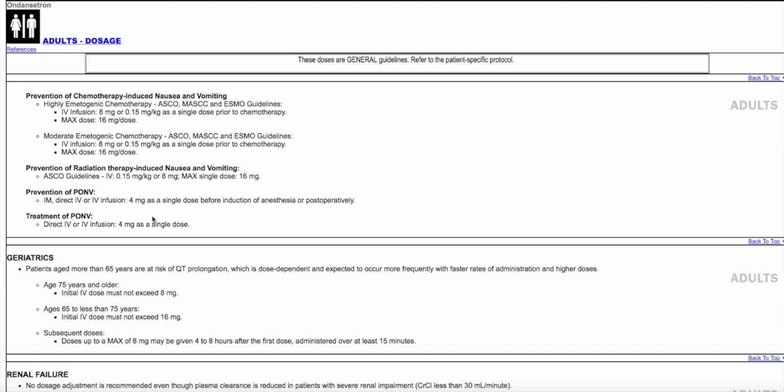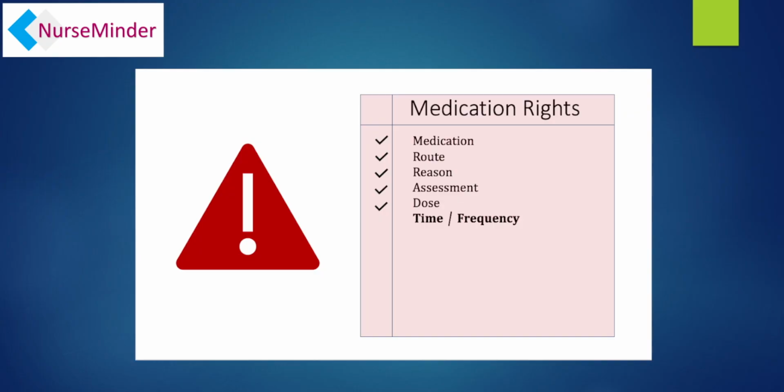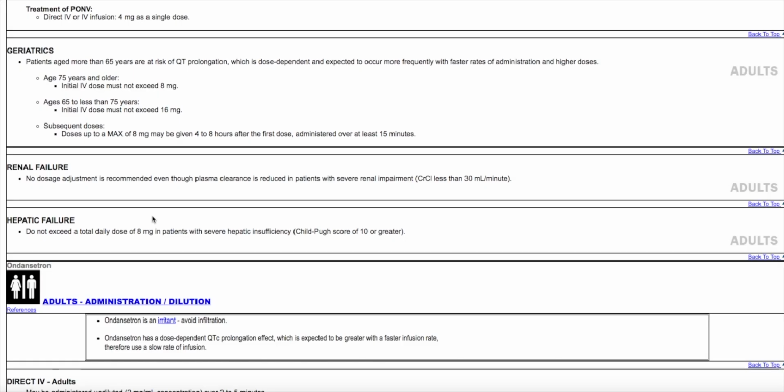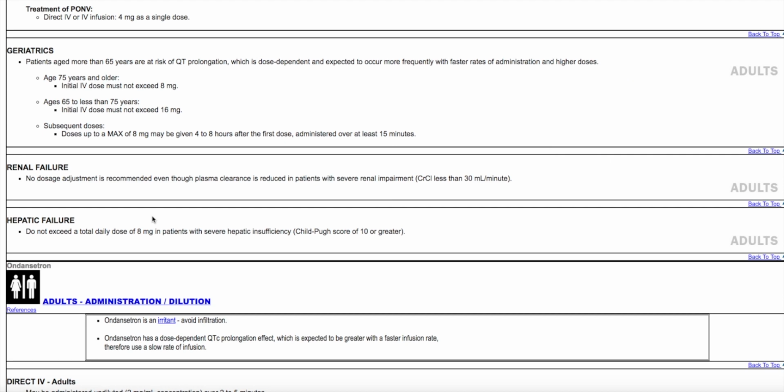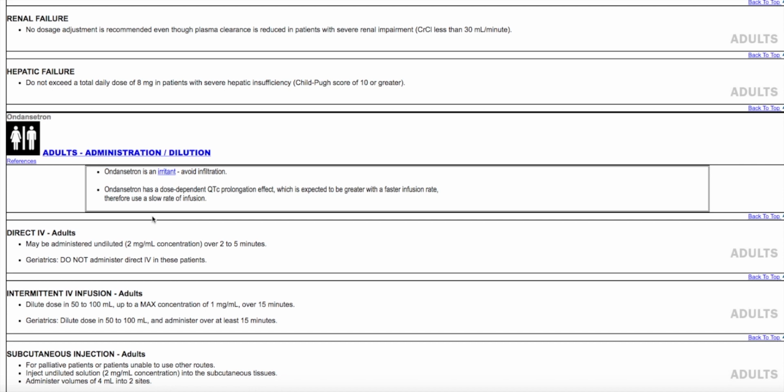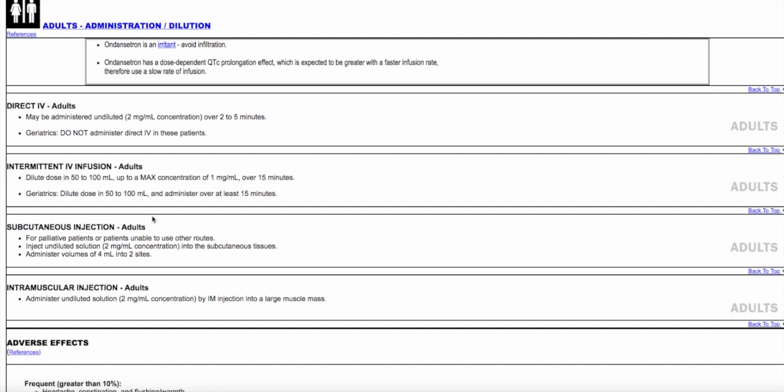If I look at the geriatric population, I do see that there are some times and frequencies located on here, and it says at the subsequent dose box that doses can be given at 8 milligrams and maybe given 4 to 8 hours after the first dose. So I do have some information that helps me, but I don't have my subcutaneous information, so I'm going to keep looking.